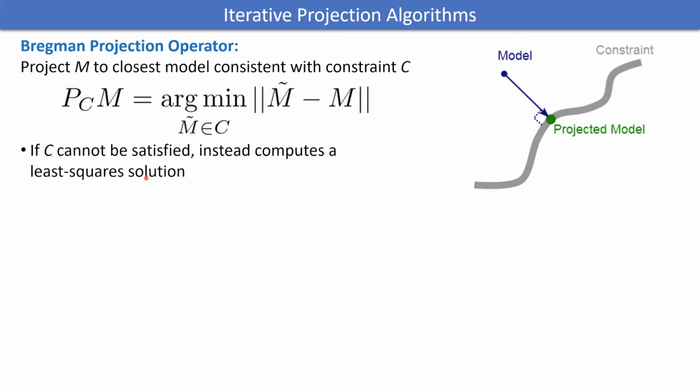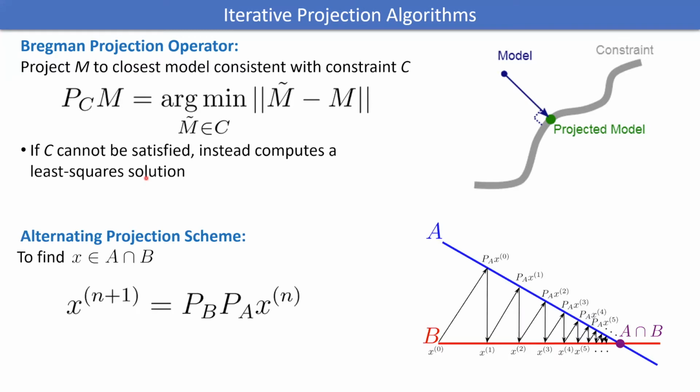What I mean by that is if your constraint just had a single point on it, so there was a single solution, then the projection just returns that solution. It does the inversion directly. If there are multiple solutions, then the projection returns the solution that's the closest one to your current model estimate. And if there are no solutions, the projection finds the closest thing to being a solution, a least squares solution.